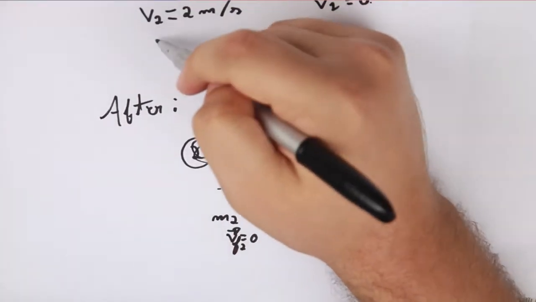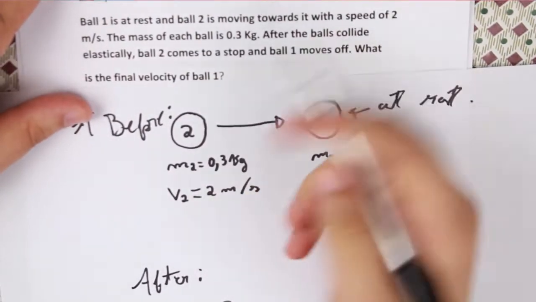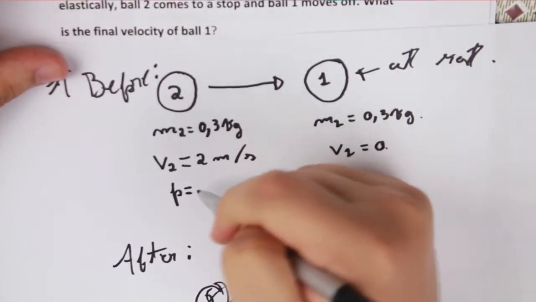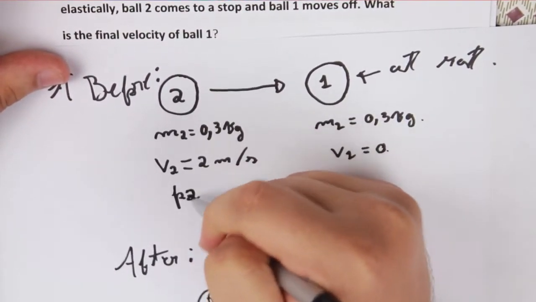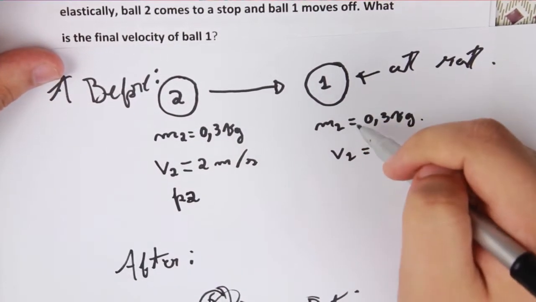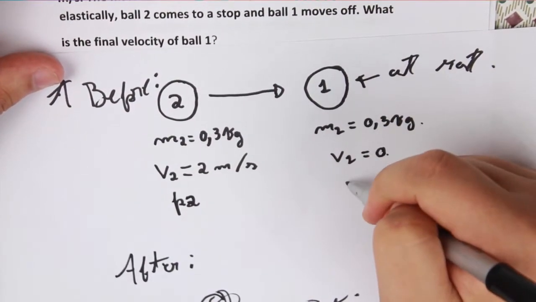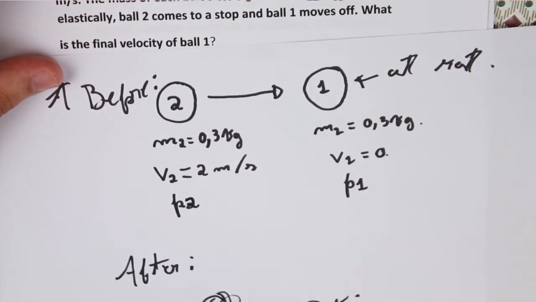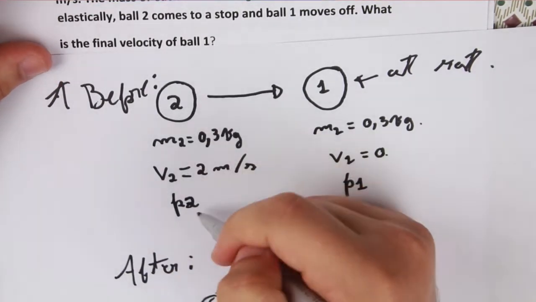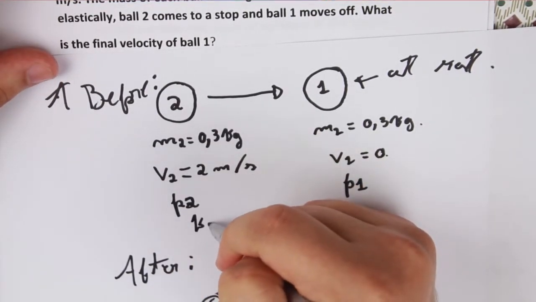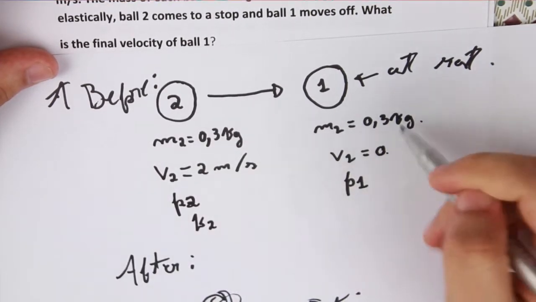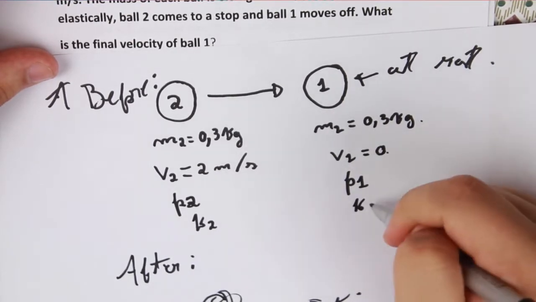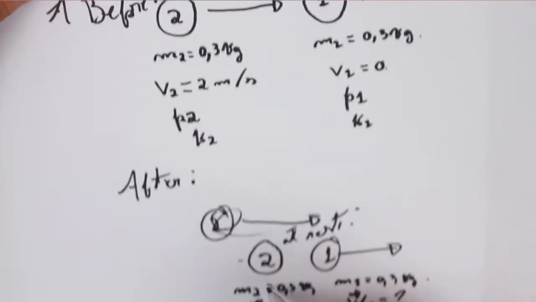Right, let me put here the momentum of ball 2 before the collision, let's consider it P2, and the momentum of ball 1 before the collision, let's consider P1. The kinetic energy of ball 2 before the collision, let's consider K2, and the kinetic energy of ball 1 before the collision, K1.